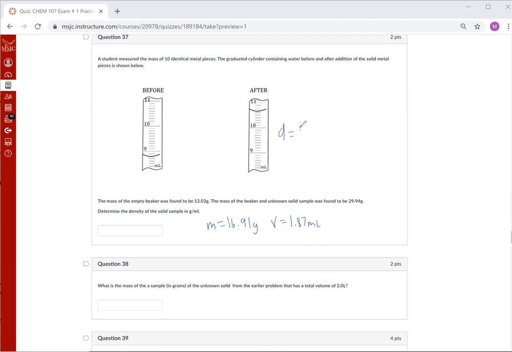Since density is defined as mass over volume, we take our mass of 16.91 grams over our volume of 1.87 milliliters, and that in turn gives us 9.04 grams per mil as our final density. Does this make sense?